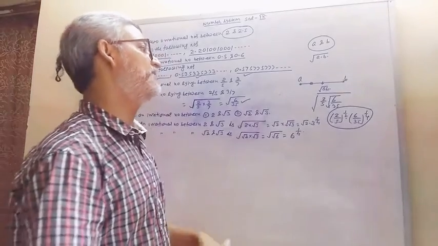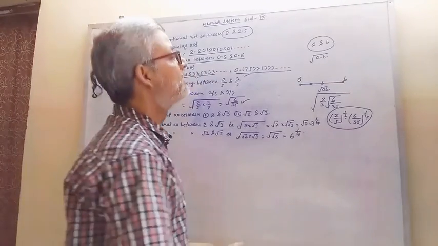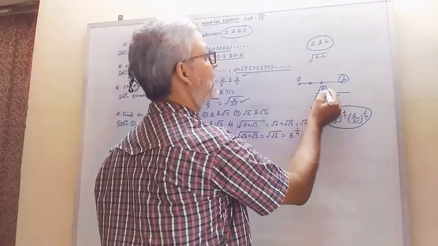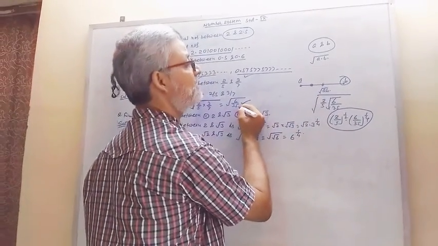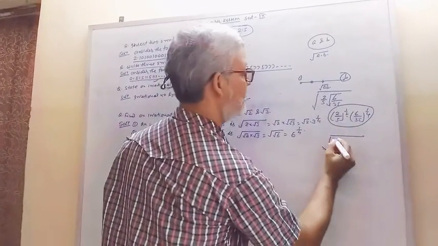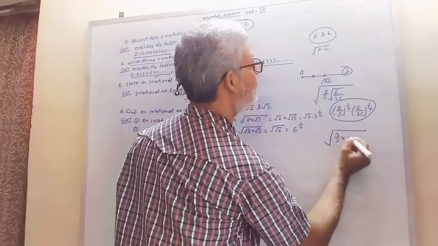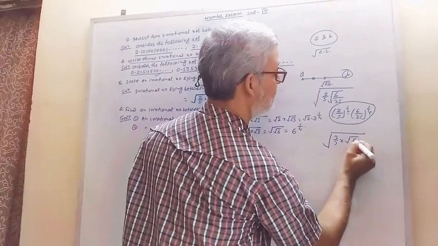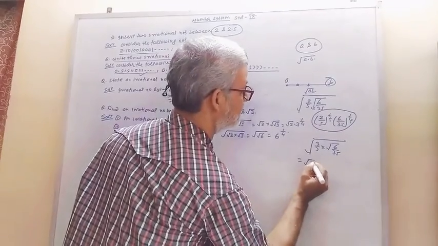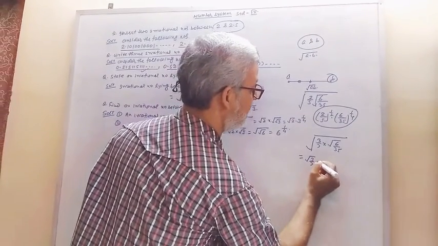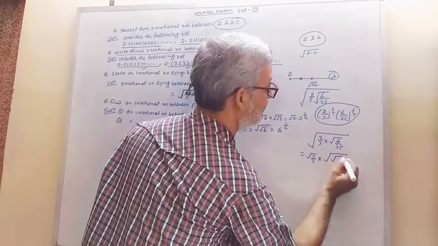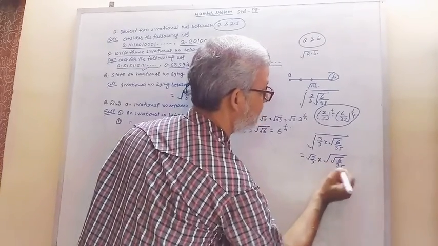Even if it is asked to put a third irrational number, then B is 3 by 7, and root under AB is root under 6 by 35. In that case we can take root under B into root under AB, that is root under 3 by 7 into root under 6 by 35.